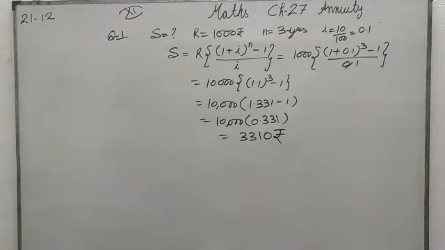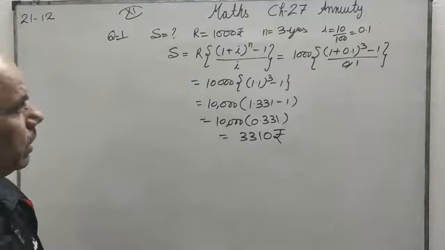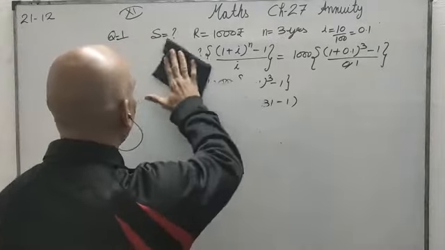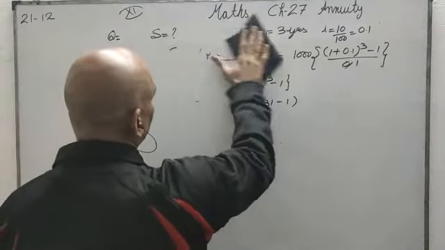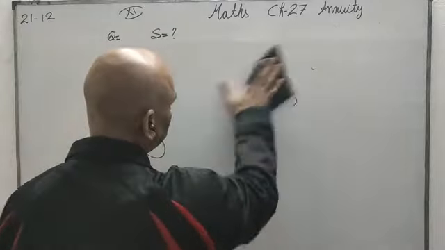Find the amount of an ordinary annuity of rupees 500 payable at the end of each year for 7 years at 7% per year, compounded annually. Now once again it is given compounded annually. So S you will have to calculate, and all the rest of the things are given.